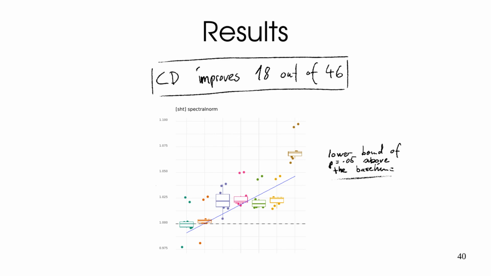And the second, more quantitative answer is that we ran our benchmark with different levels of speculation, and we showed that actually 18 out of 46 benchmarks improve using contextual dispatch. And we also showed that every level of contextual dispatch is significant in at least one benchmark. So how did we measure this?